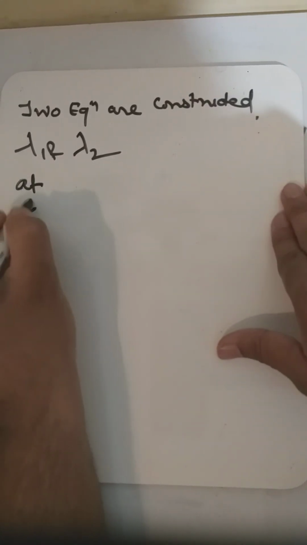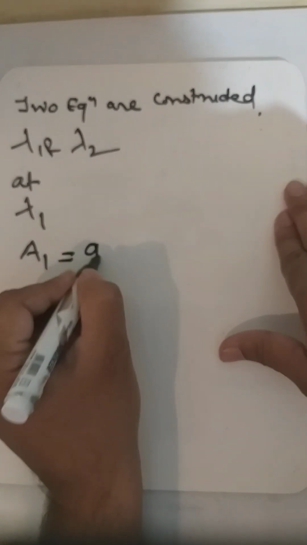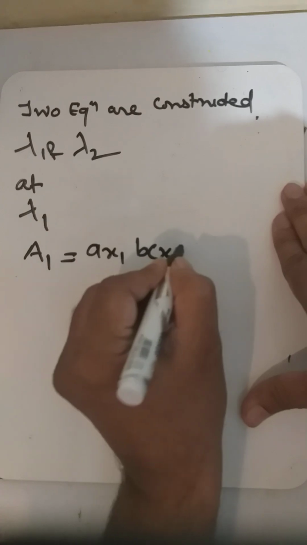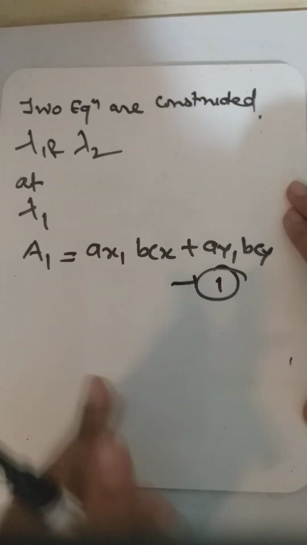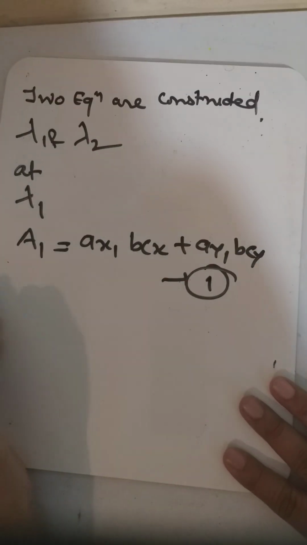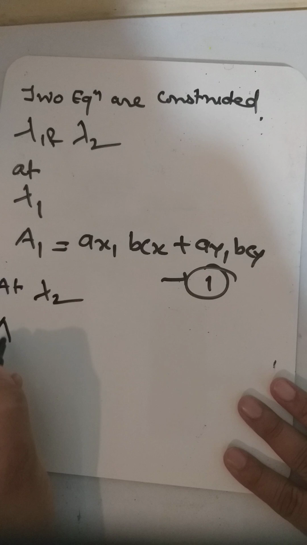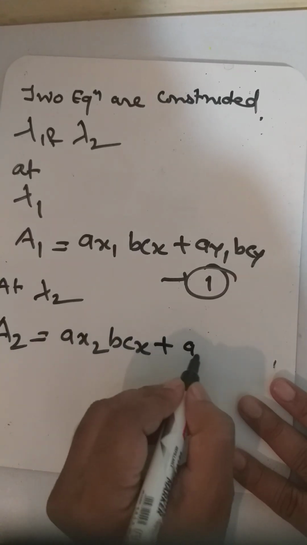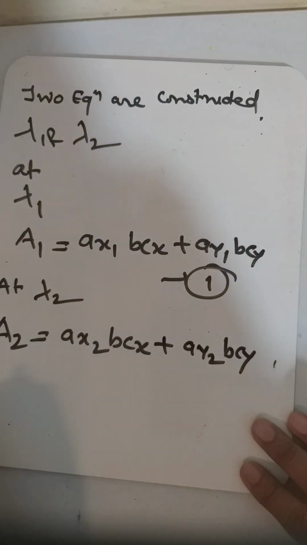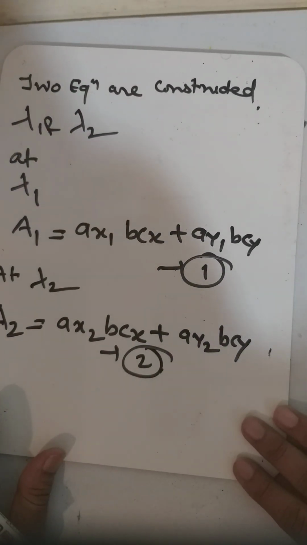So at lambda 1 wavelength, A1 is equal to AX1 b CX plus AY1 b CY. Simple mathematics equation, simultaneous equation. Okay. And at lambda 2, the second wavelength, A2 would be AX2 b CX plus AY2 b CY. This is the second equation. Okay. Now we know the path length is 1 centimeter, so b would be 1.